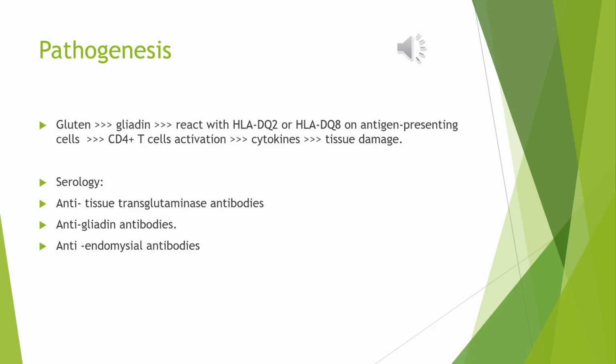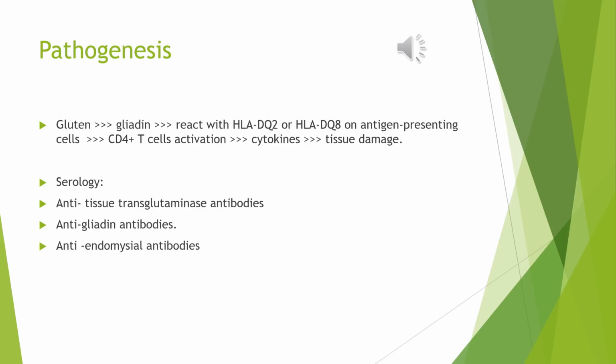The main tissue damage is loss of the villus architecture of the small intestine and loss of the epithelial cells lining the intestinal mucosa, leading to a decrease in the surface area exposed for the absorption of nutrients, and the end result will be malabsorption of nutrients due to loss of this villus surface of the small intestine.